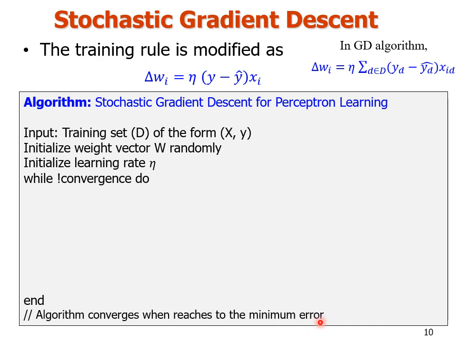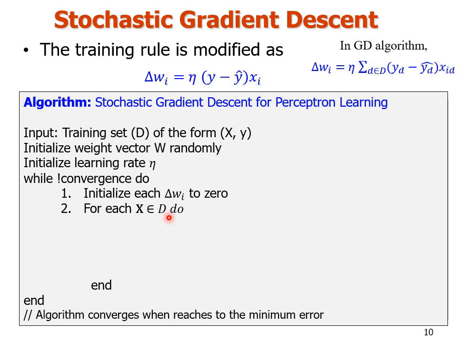Here the convergence means reaching the minimum error. So here we have the simplified algorithm. In step number 1 we initialize each delta Wi to 0, and in the second step we iterate through the entire training data set.